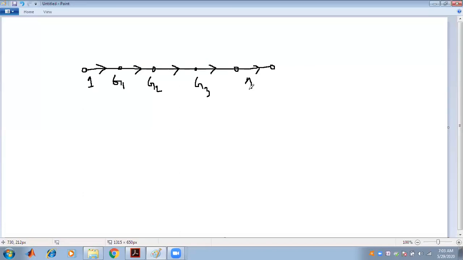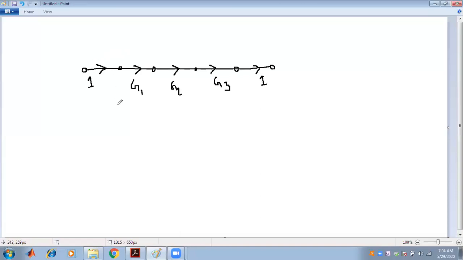So this is G1, which can be easily understood. This is the gain for this part G2, for this part G3, for this part of the system.